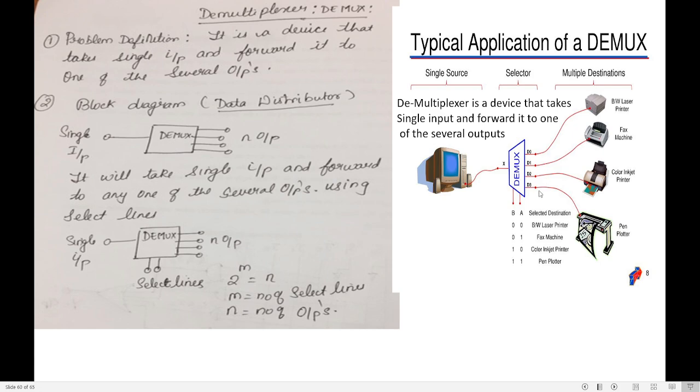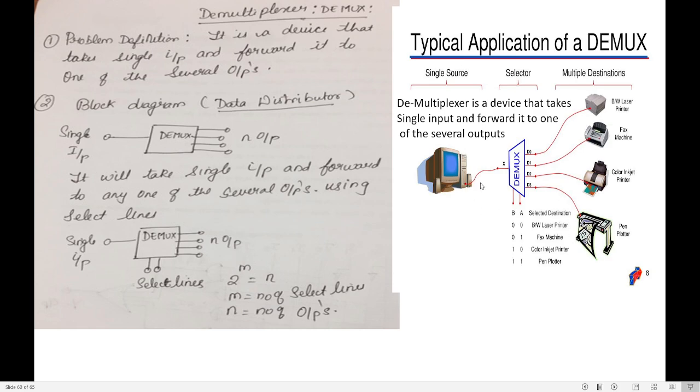The proper definition of a demultiplexer is, it is a device that takes a single input and forwards that input to any one of the several outputs. Now in this case, you have a single input and four outputs which are connected to four different output devices.